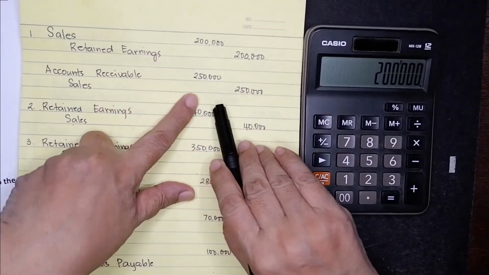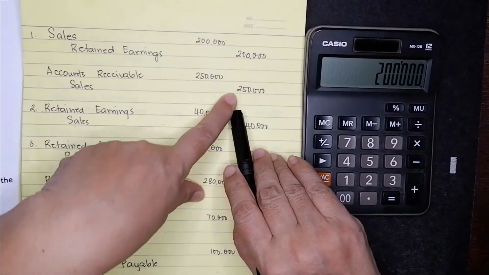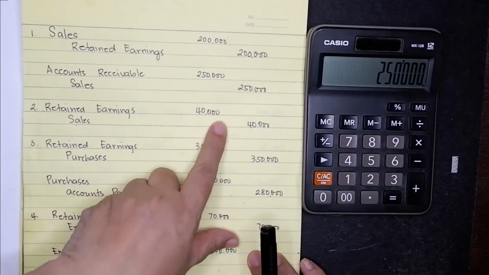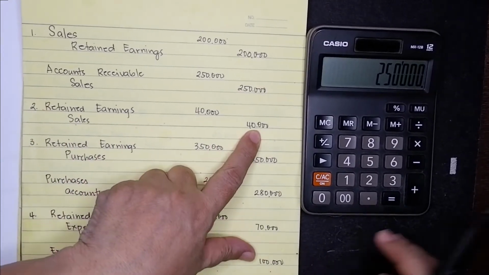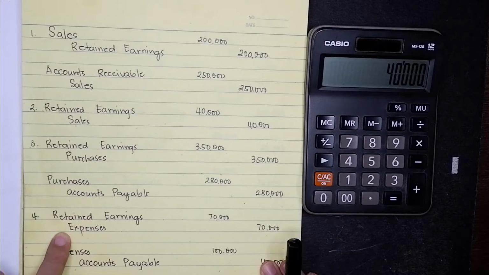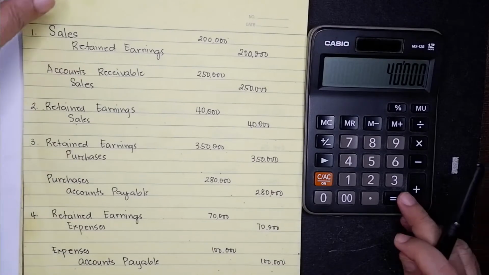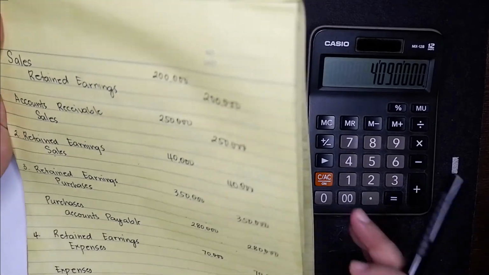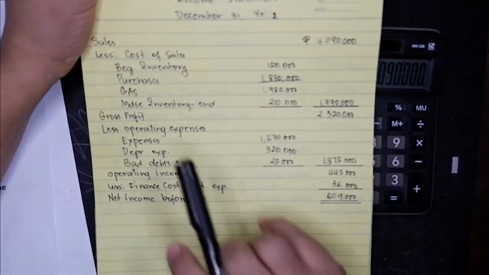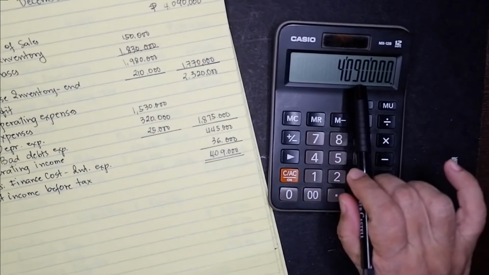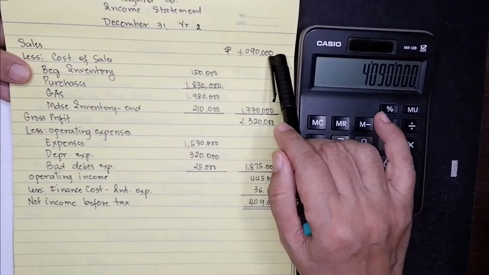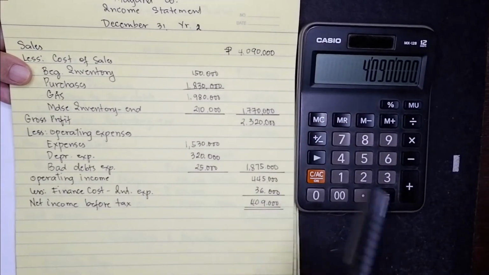Then we have accounts receivable, credit sales, so plus 250,000. And then meron tayong credit sales ulit, plus 40,000. So that's all our adjustment for our income statement. So sales is 4,090,000. That is our adjusted sales already.